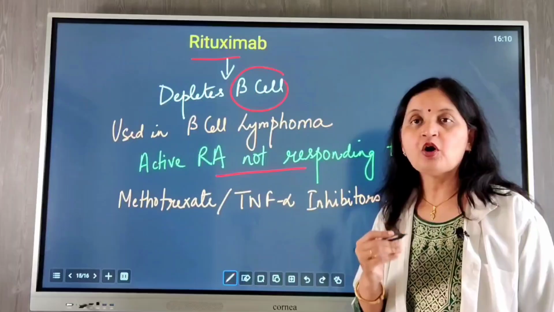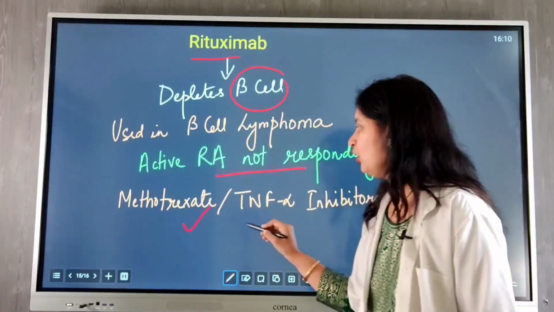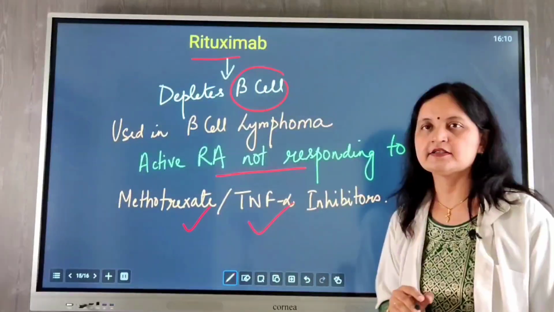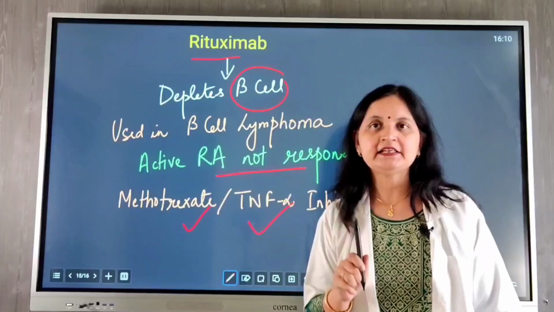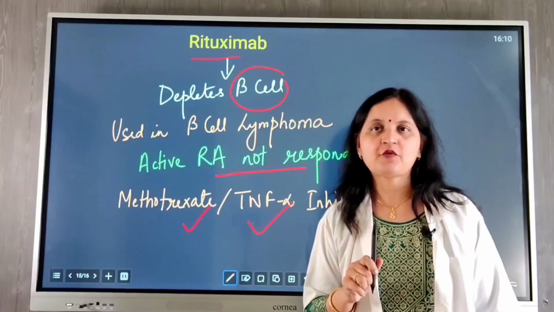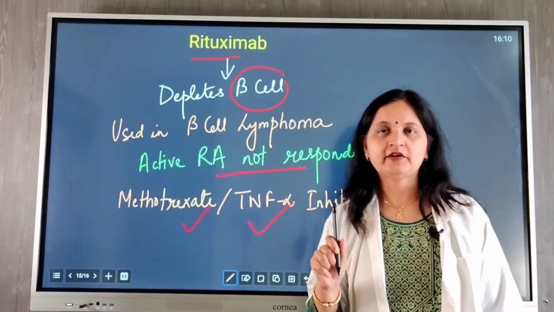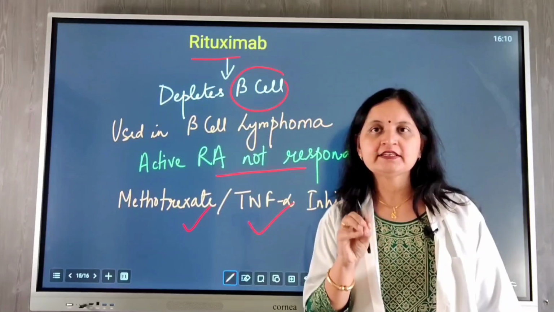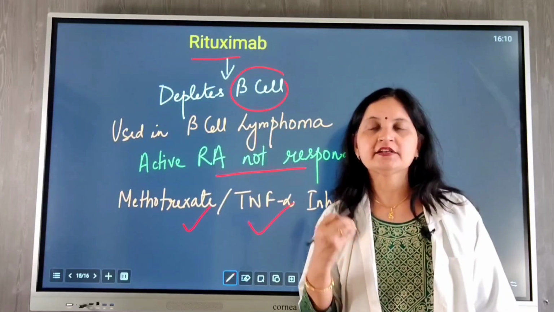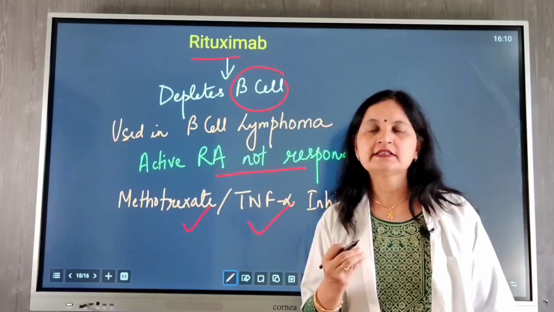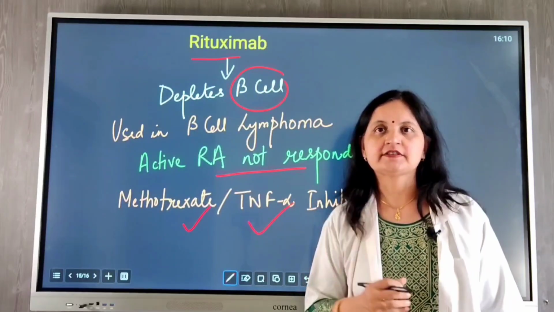It can be used in combination with methotrexate or TNF alpha inhibitors. So rituximab, B cell depletion reduces the production of autoantibodies, used in the treatment of severe rheumatoid arthritis. Now most of these monoclonal antibodies increase the risk of infection and cause injection site reactions.